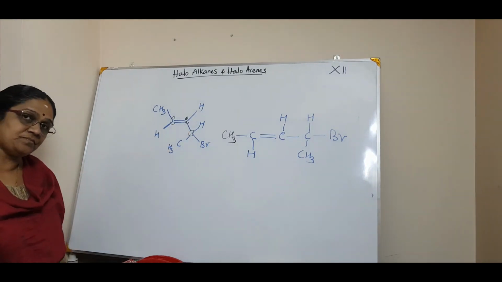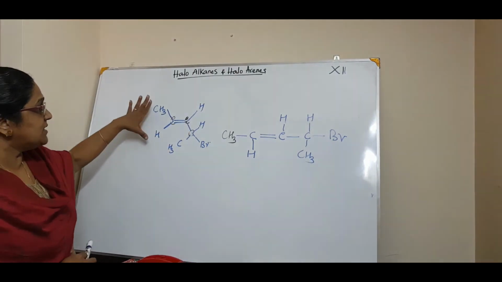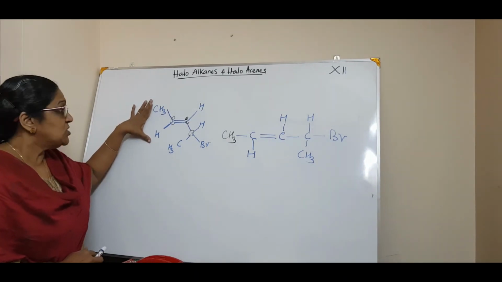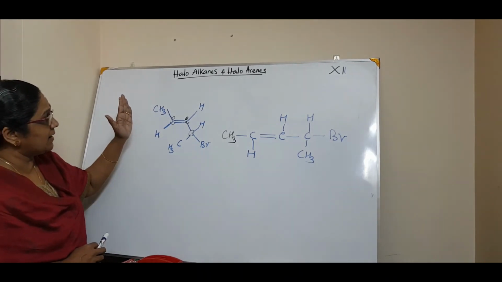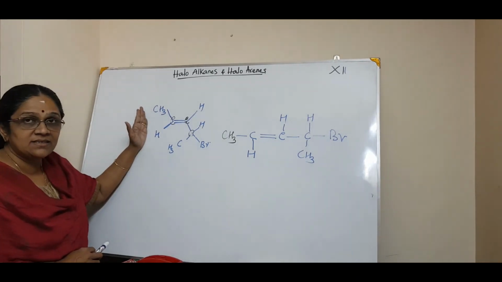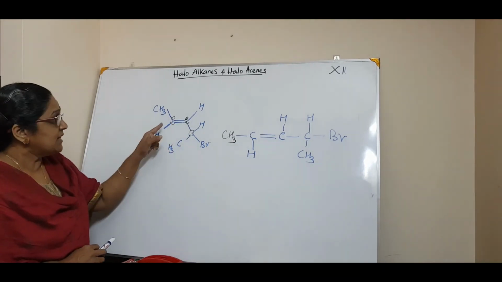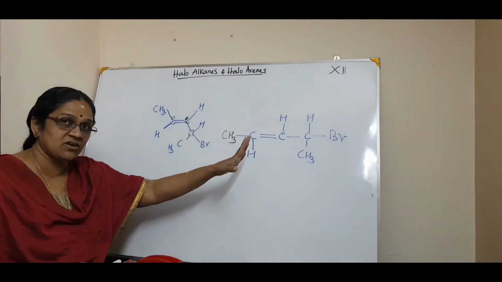That is why I told you, this is also a board exam question they will ask. So don't get confused. If you get a structure like this, first you have to see the junctions where the carbon is. Then you stretch this. Now you know how I stretch this compound.